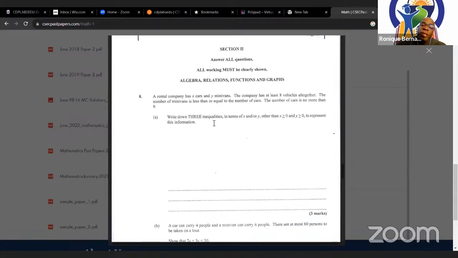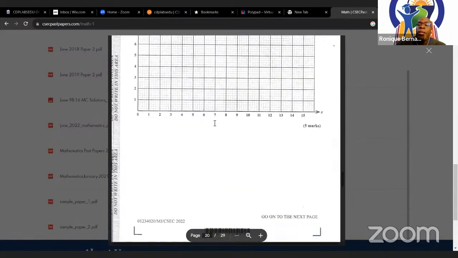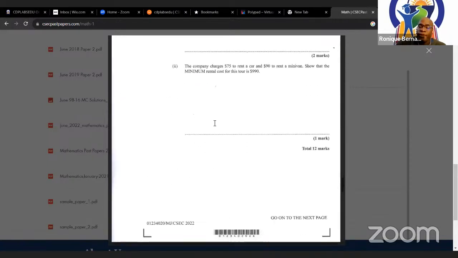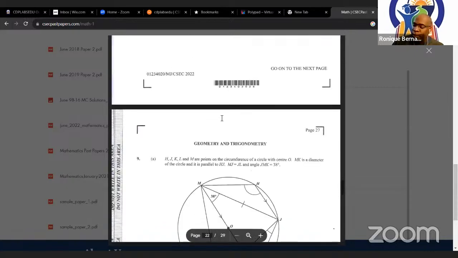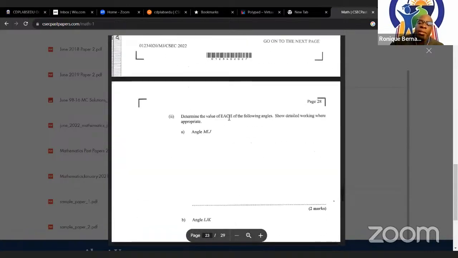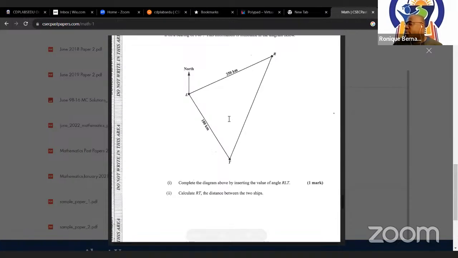In section 3, I have 3 questions to do. Question 8's total mark is 12.